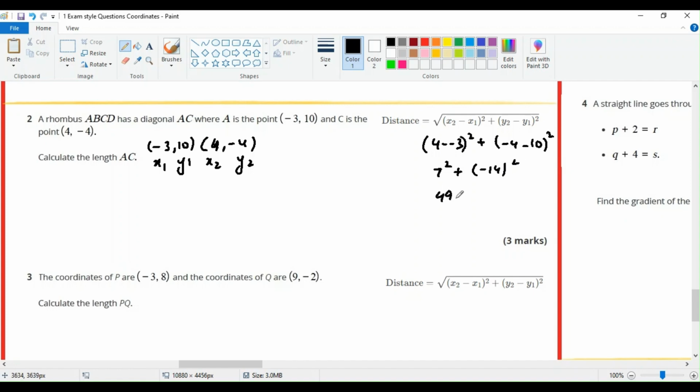That means 49 plus 196, which gives us 245. And the root is going to give us 14.764.